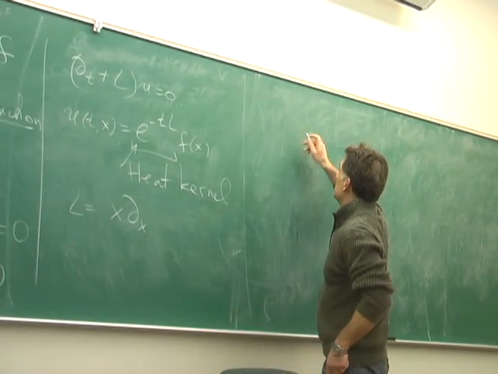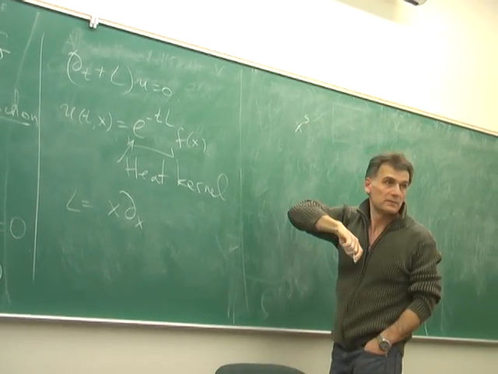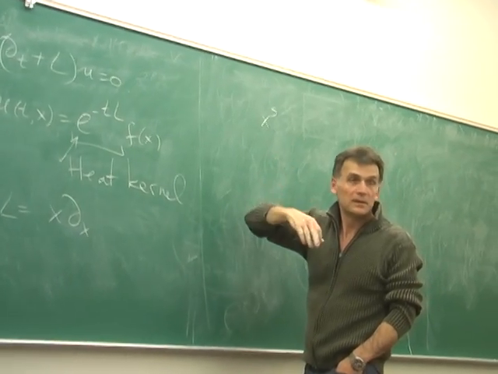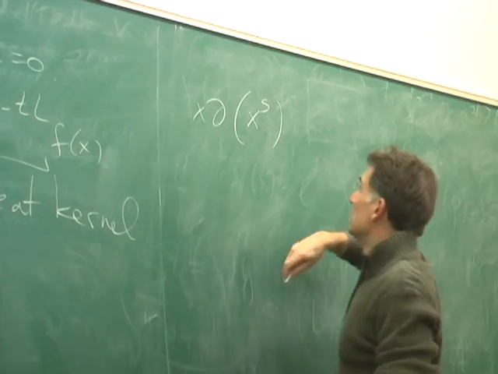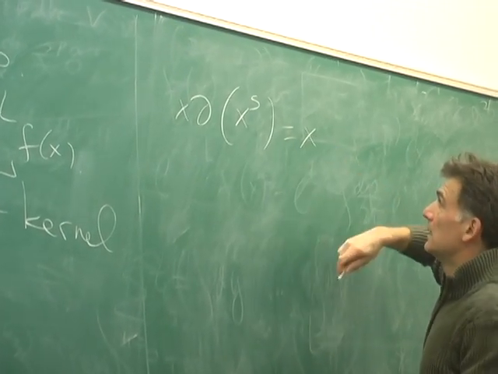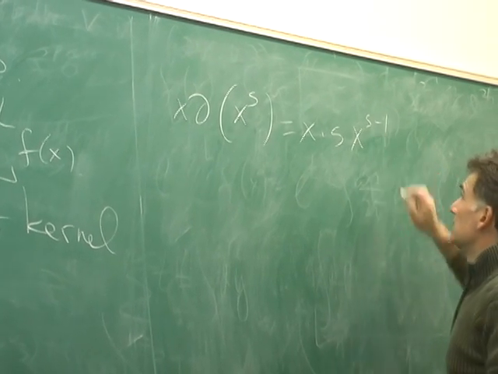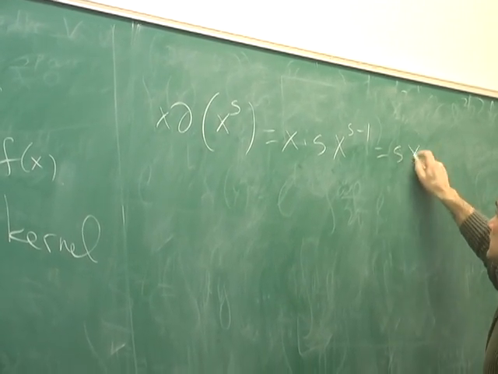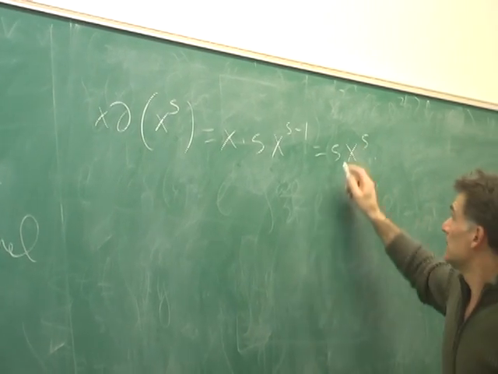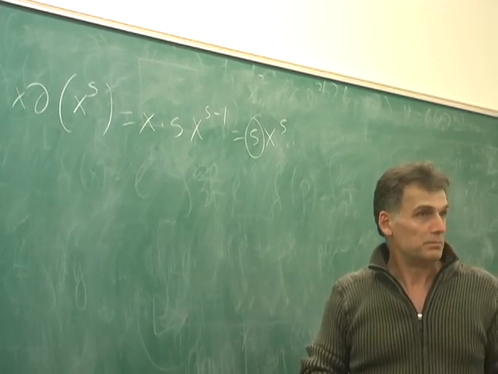If you look at, say, x to the s, just power instead of exponential. You take x d/dx of that. What is it? Well, the derivative is s x to the s minus 1. So if you multiply by x, you get s x to the s.